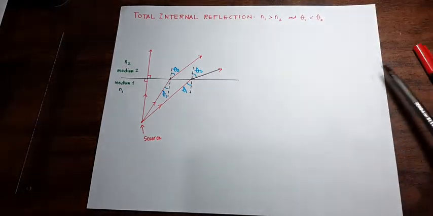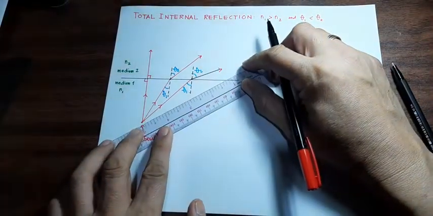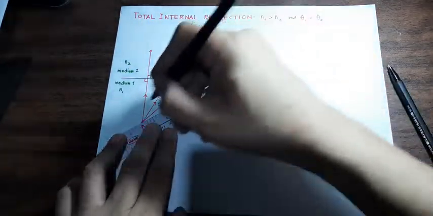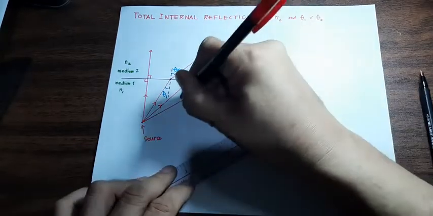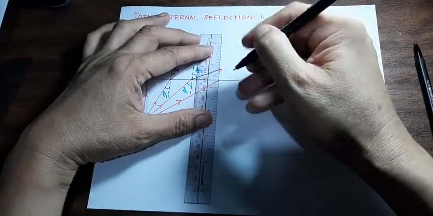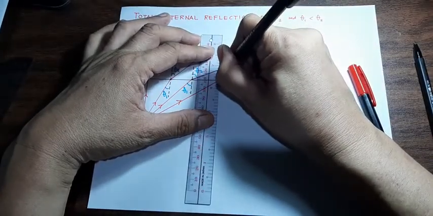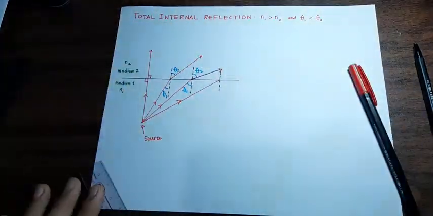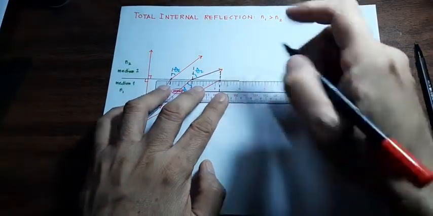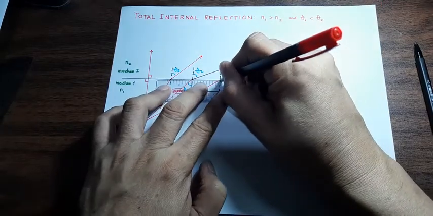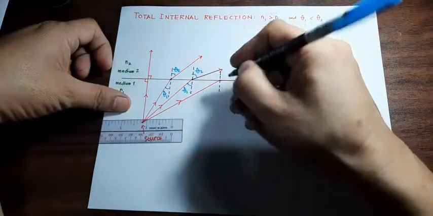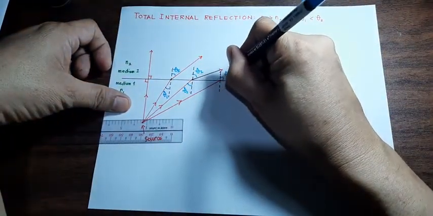And if this continues, if you increase the angle of incidence further, like this, and draw the normal here, then at some point the angle of refraction will be equal to 90 degrees.